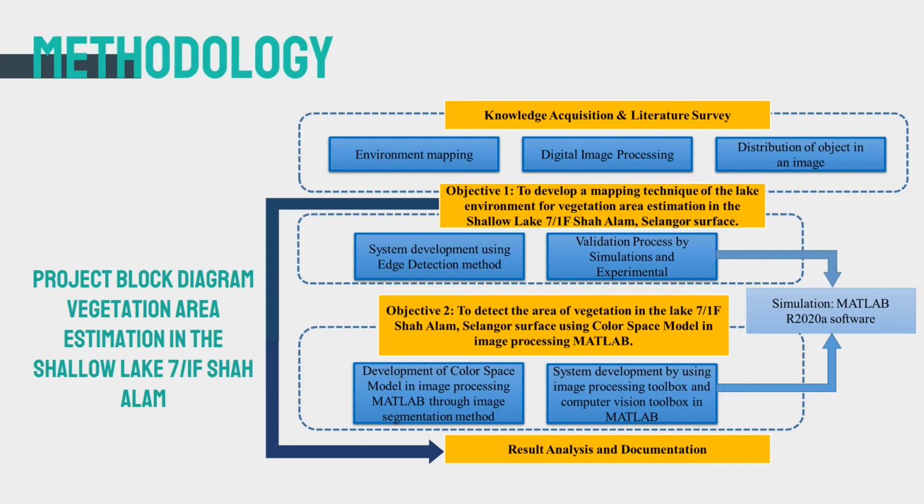Okay, for the objective 2, to detect the area of vegetation in the lake 7/1F Shah Alam is by using the development of color space model in image processing MATLAB.